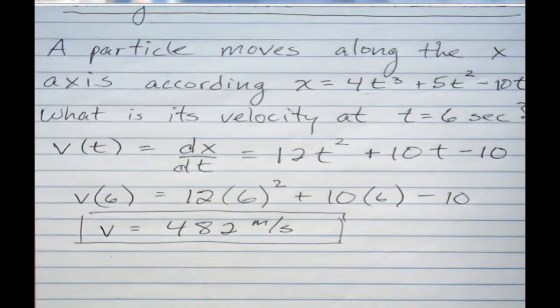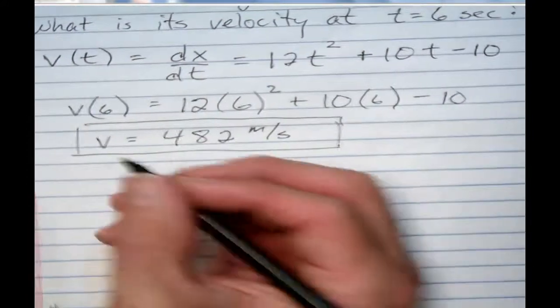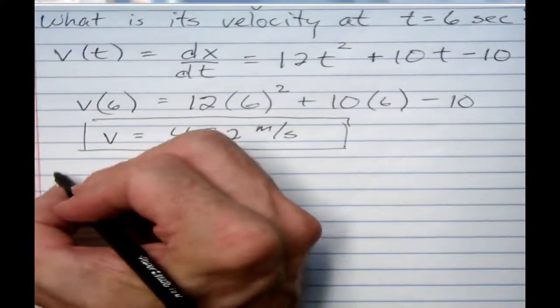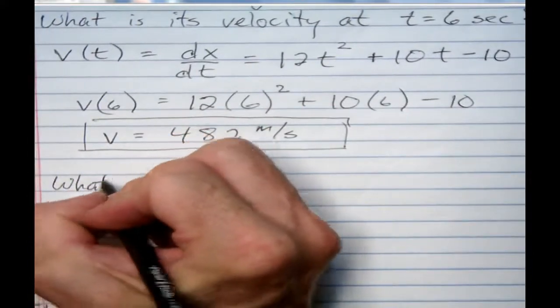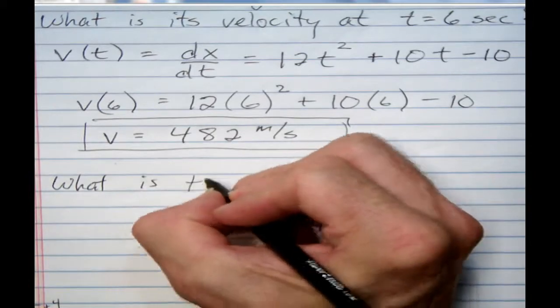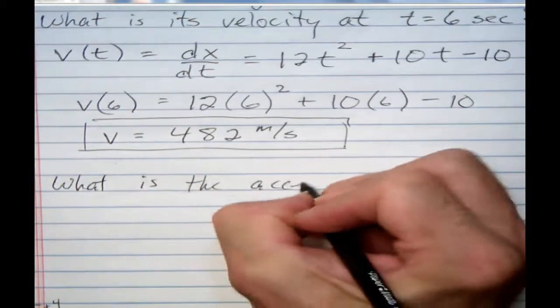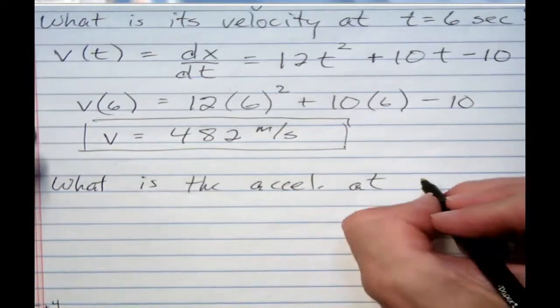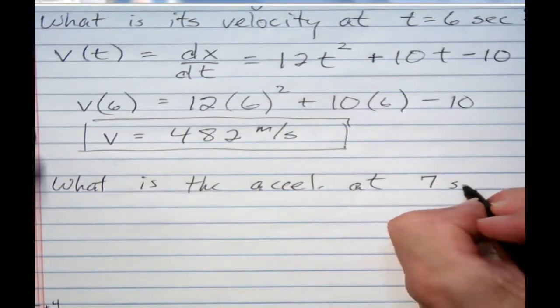Now in a similar way, what if we're asked about the acceleration? So I'll write this question out for part 2. What is the acceleration at, and maybe I'll pick a different number here. Let's say 7 seconds.